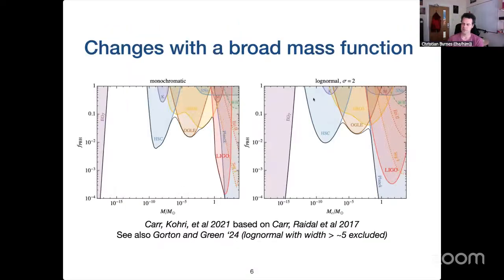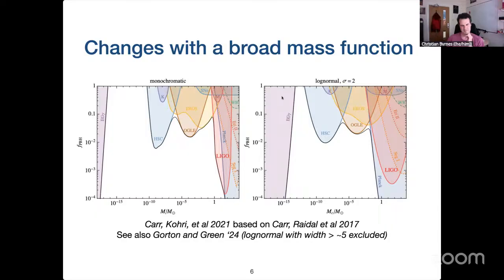Now, that was assuming a monochromatic mass spectrum, so all primordial black holes have a single mass. When you go from monochromatic to, for example, quite a broad log normal mass function, one can redo the constraints, and more or less the constraints get smeared out. But the tightest constraints get a bit weaker. So if you look at the tips of these points, they get a bit lower.